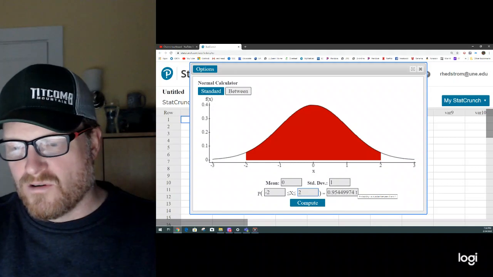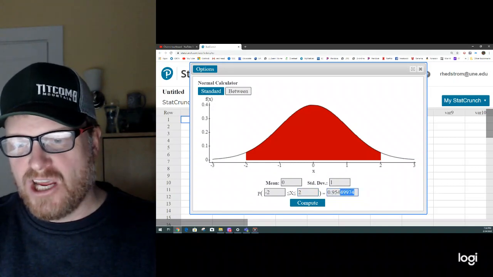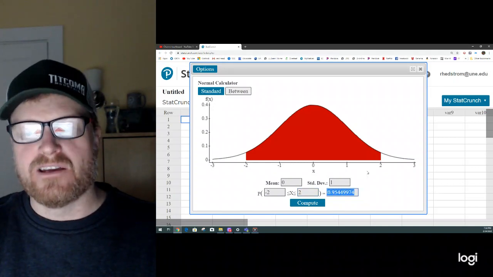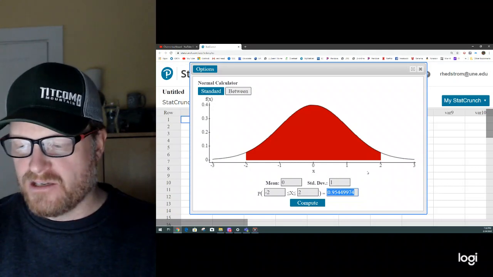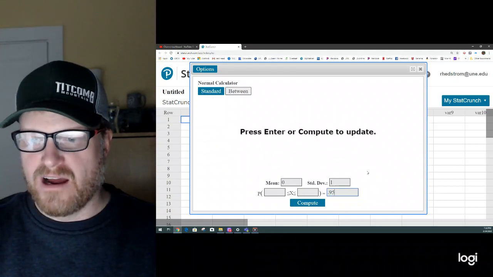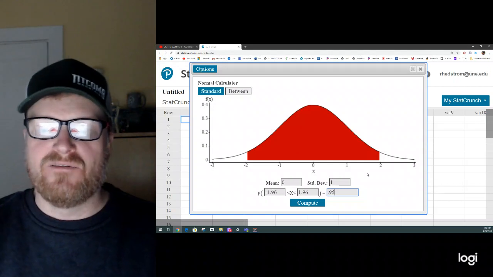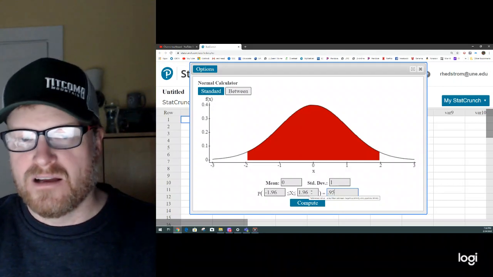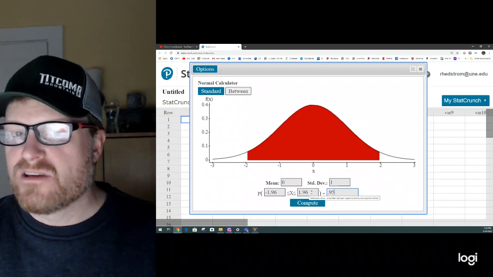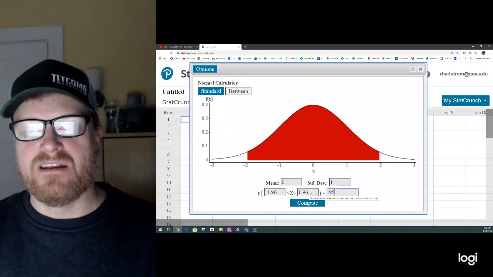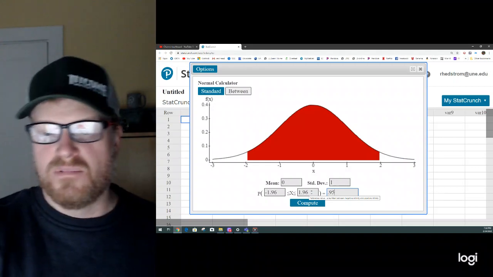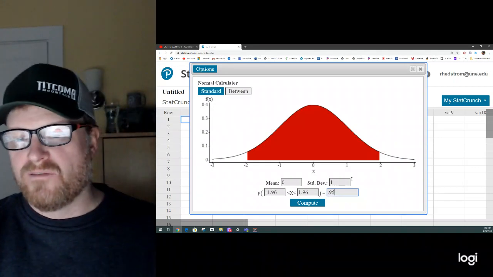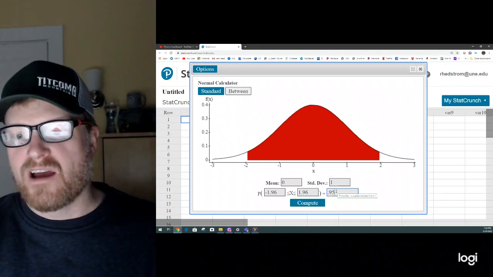Just like I did with the uniform probability distribution, I can change this probability value. I'm going to change that to 0.95. We can see that the values we get are -1.96 and +1.96. These are the actual numbers of standard deviations below and above the mean that give that 95%.